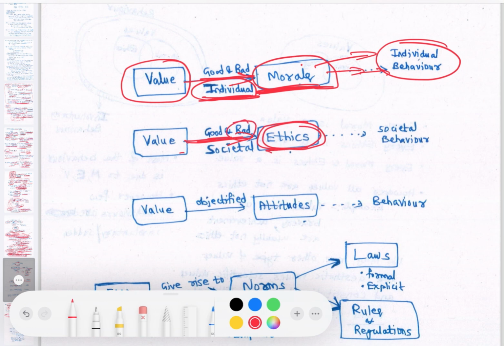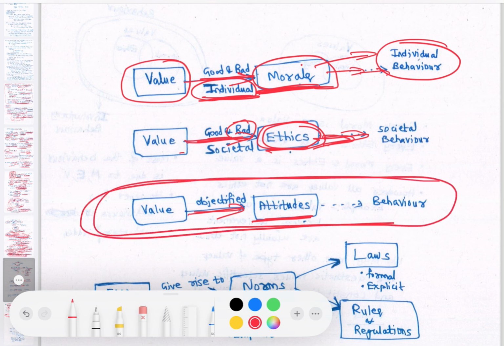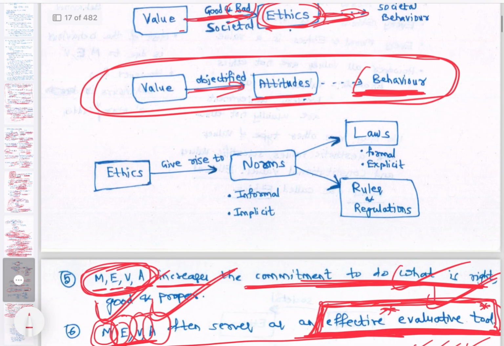If it is bad at societal level, it becomes unethical. So on that basis, society's behavior will be judged. And value objectified becomes attitudes. So values which are objectified, we will discuss in the attitudes topic. Attitudes also decide our behavior, right?